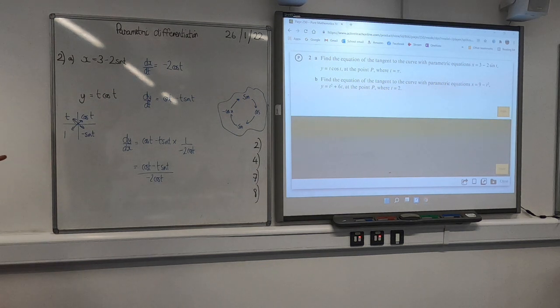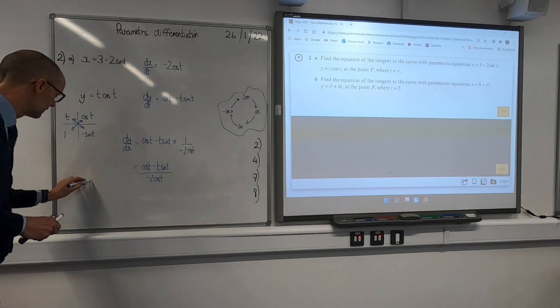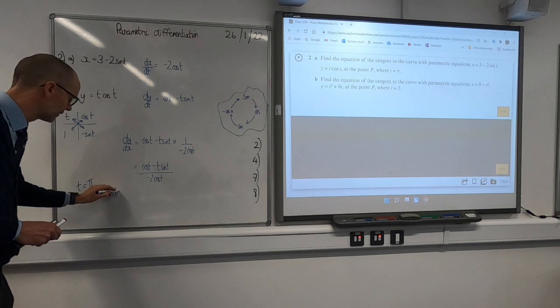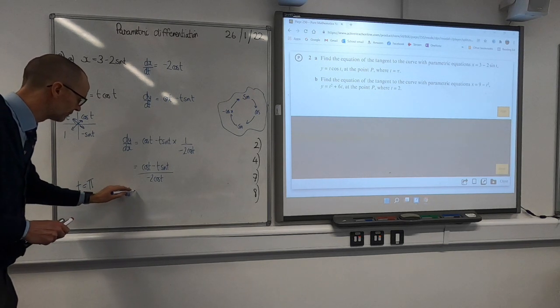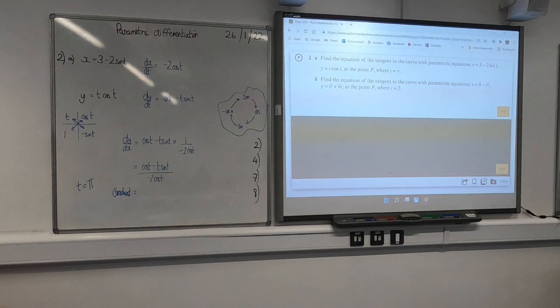I could simplify that, but actually all I'm going to do now is make t equal pi to get the gradient. And can I urge you to, when you do that, use the substitution function on the calculator? I mean, actually pi is not too hard, I suppose.